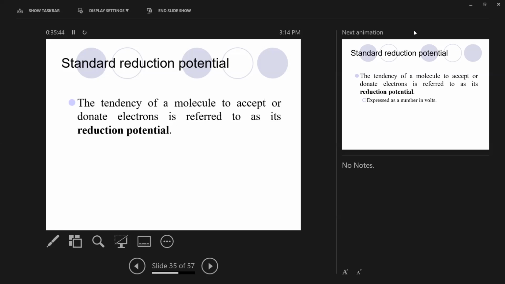So if we were to convert this into something a right bit more useful for our purposes, we'd simply take charge and we'd convert it to this. It'd be number of electrons times Faraday's constant times delta V. And that would be essentially the energy difference that we're looking for here.